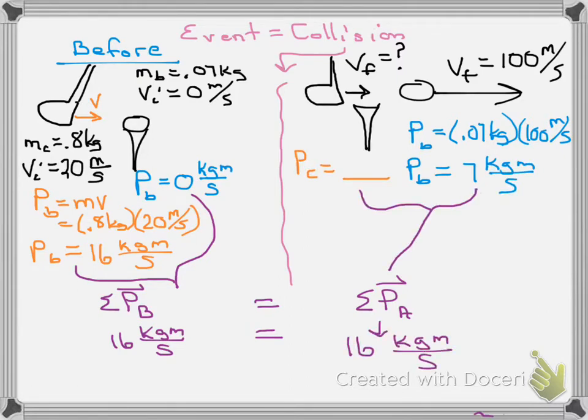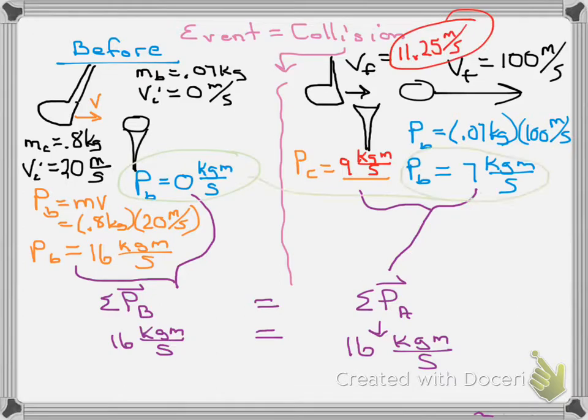Since it plus the momentum of the club still has to equal 16 kilogram meters per second, that means there's only 9 kilogram meters per second of momentum left for the club. And you solve for its speed, and that's 11.25 meters per second. So the ball gained 7 kilogram meters per second of momentum, and the club lost that amount of momentum. It basically just transferred from one object to the other.